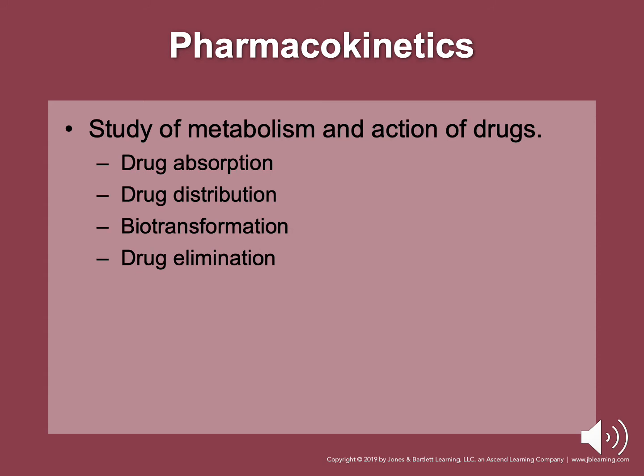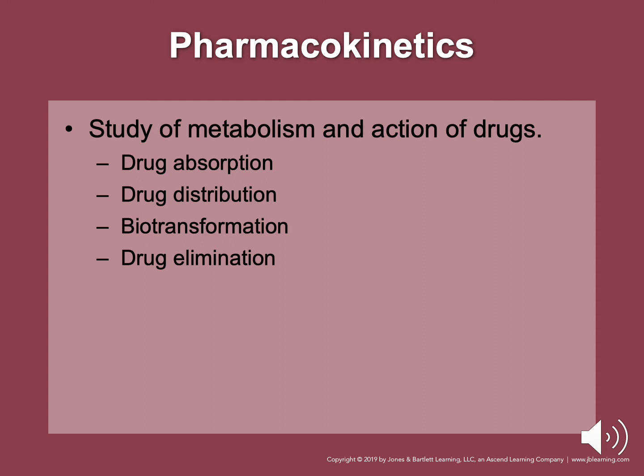So a patient's poor ability to eliminate a drug may lead to an accumulation of the drug if subsequent doses are given, resulting in toxic effects. So you give the drug, but the patient is not able to eliminate it properly, it will have certain toxic effects. So consider this for patients in shock and geriatric patients.